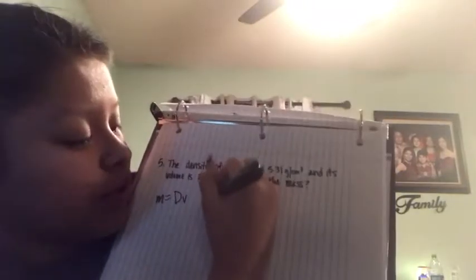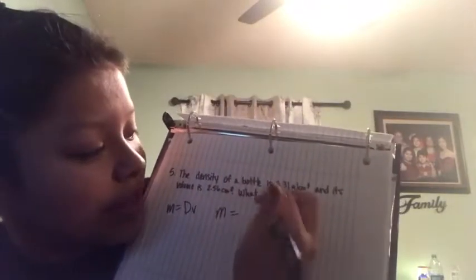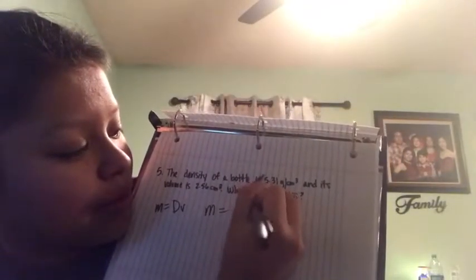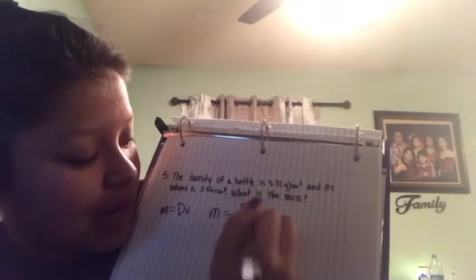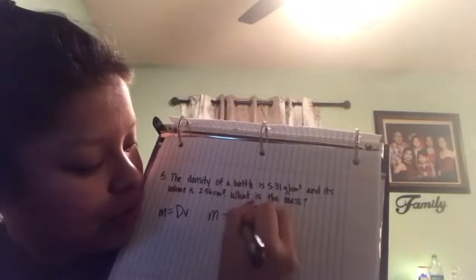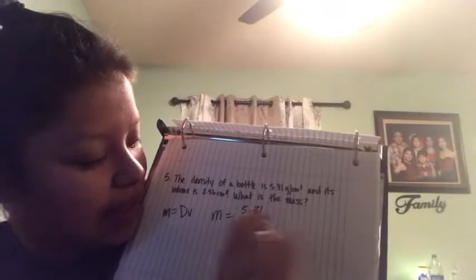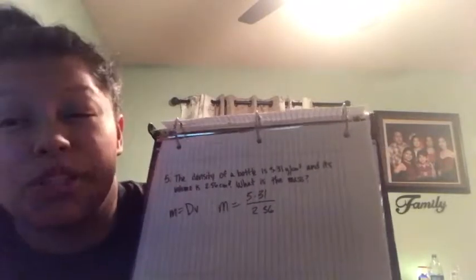So we don't know M, but we know that the density is 5.31 and the volume is 2.56. So we need to go ahead and calculate that: 5.31 and 2.56 gives us 2.074.